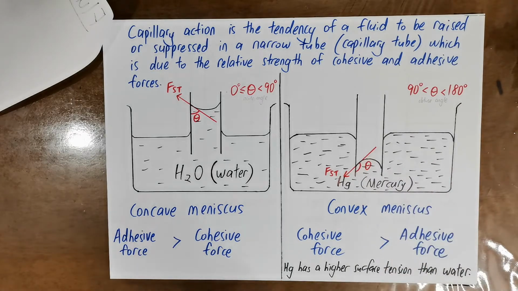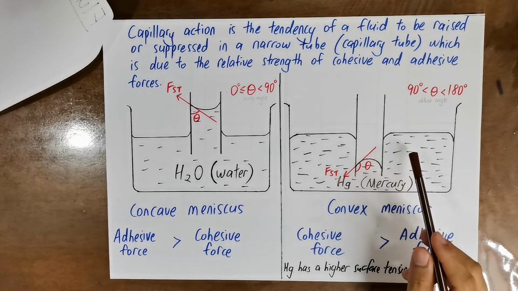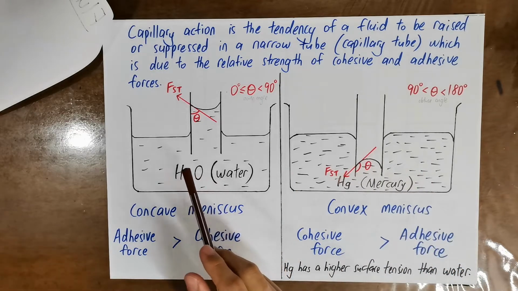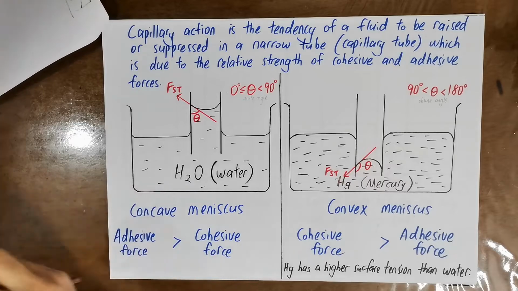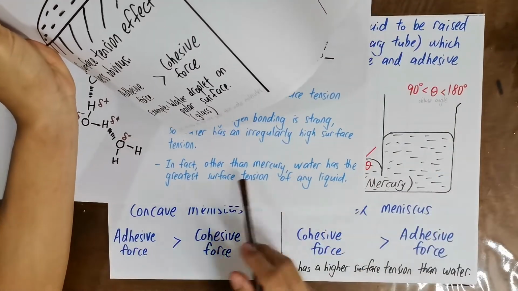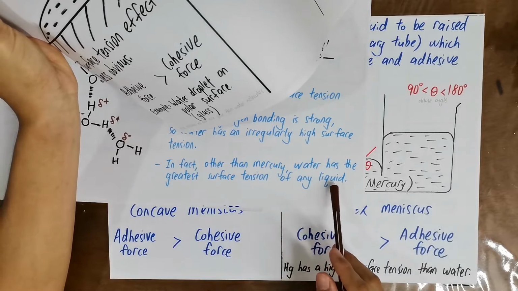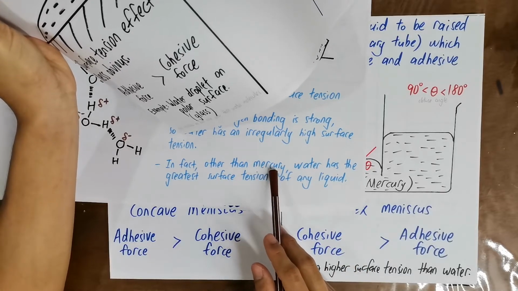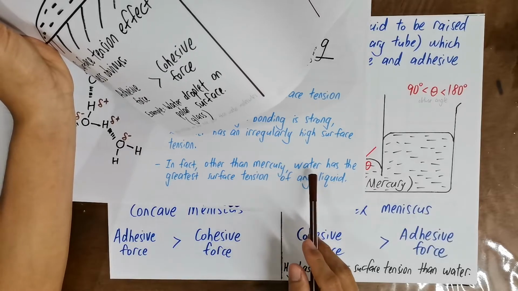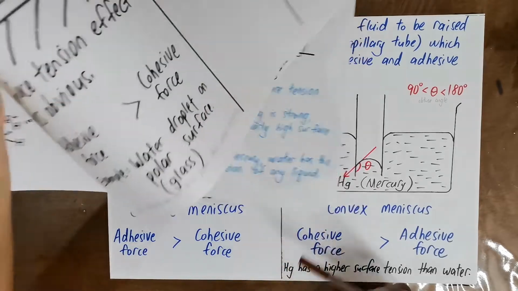You still remember that the surface tension of mercury is larger than the surface tension of water. Like I said, other than mercury, water has the greatest surface tension of any liquid. So mercury has the highest surface tension, and second goes to water.